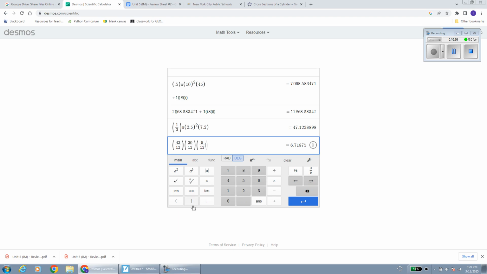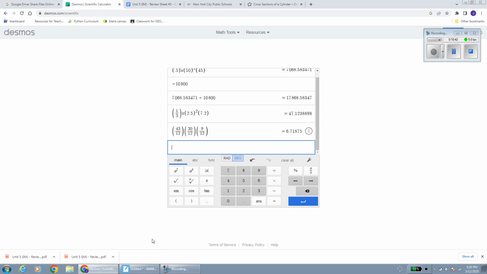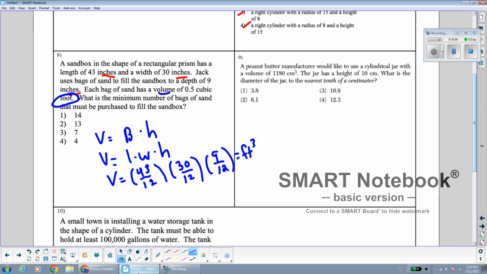And this is in cubic feet already. So it's about 6.71875. And it says, what is the minimum number of bags of sand that must be purchased to fill the sandbox?